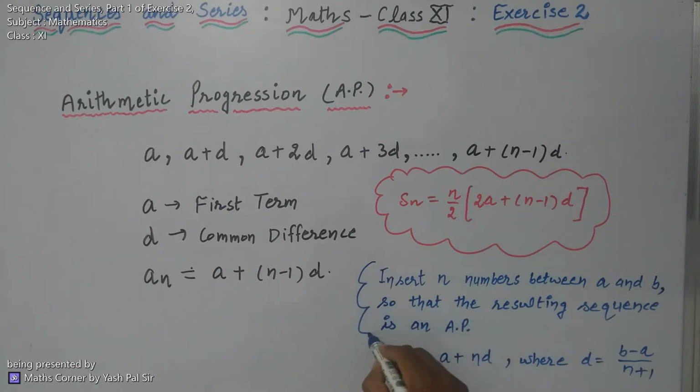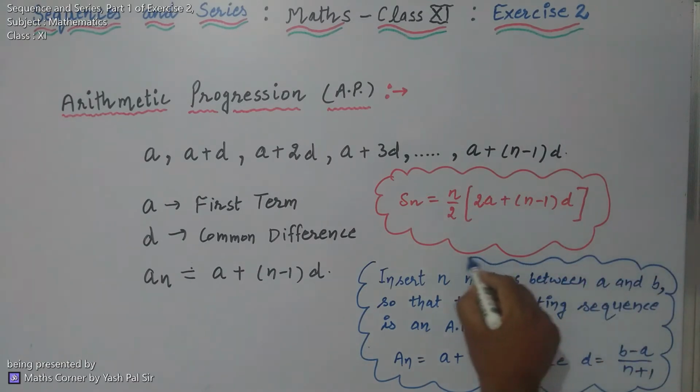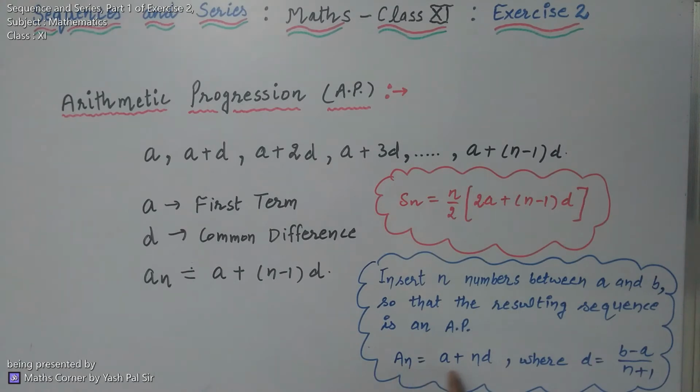In this formula, we take n is equal to 1 for the first number, n is equal to 2 for the second number, n is equal to 3 for the third number, like this up to n. We can insert n numbers between A and B so that the resulting sequence will be an AP.